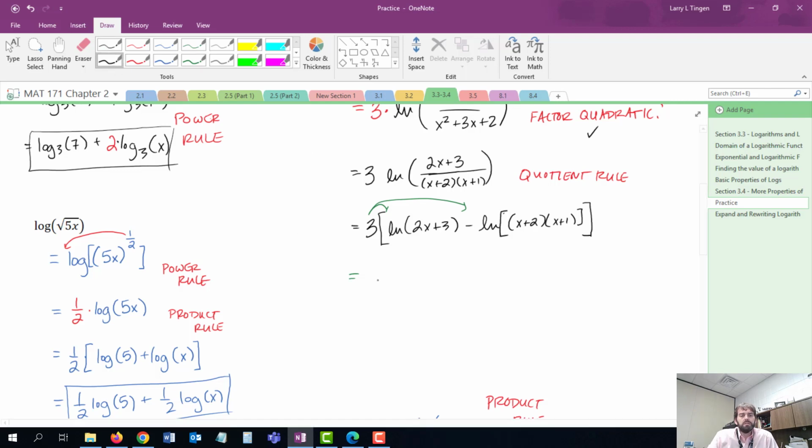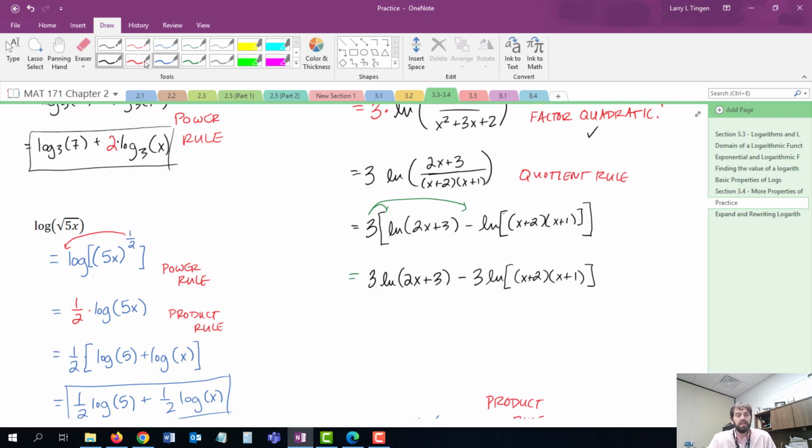And now I'm looking at 3 natural log 2x plus 3 minus 3 times the natural log. Again, I'm driving home the point. I want it to be super clear that I'm taking the natural log of the product of those two.